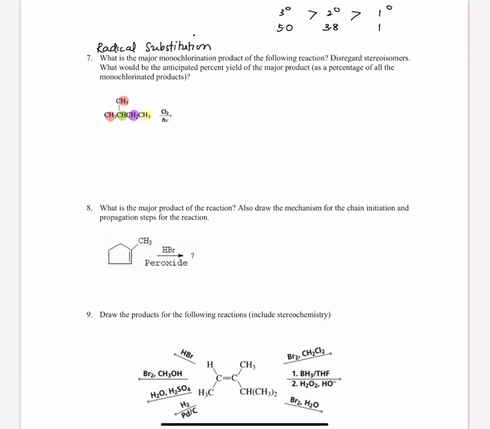Let's first draw the radicals that will be obtained, and from there we'll draw the 4 different products that we'll be getting. So to begin with, let's say that these 6 hydrogens are one and the same. I'm going to call this A, and this is B, C, and D. If I'm going to replace the A hydrogen with the chlorine, then this is the radical that I'll be getting.